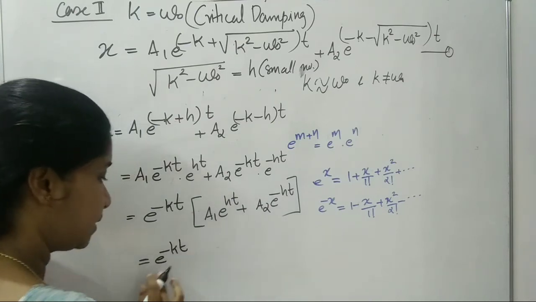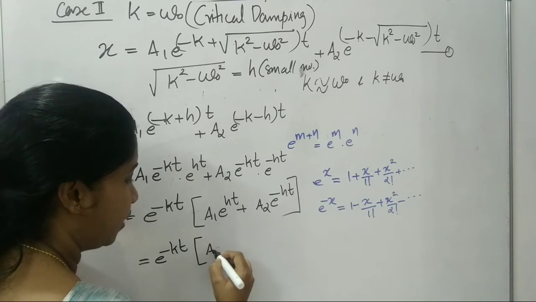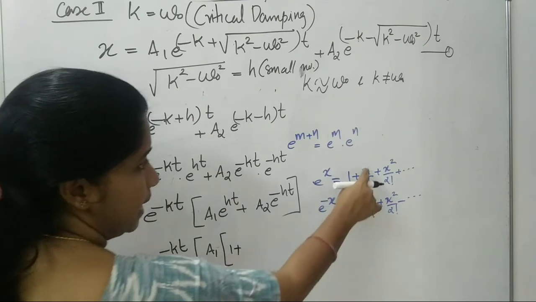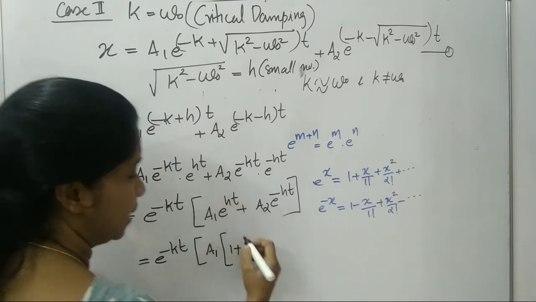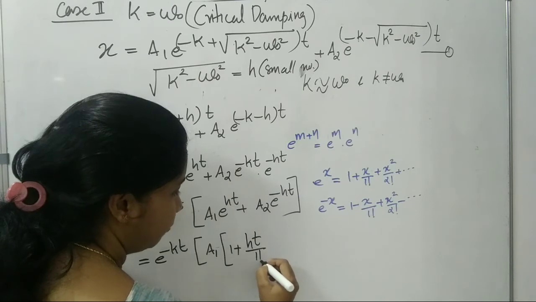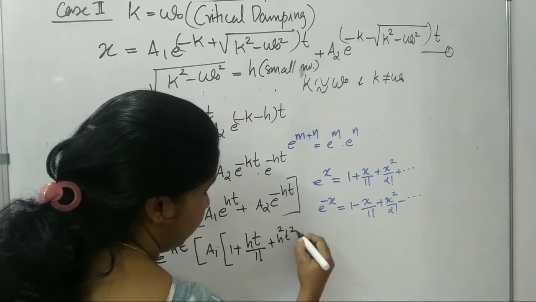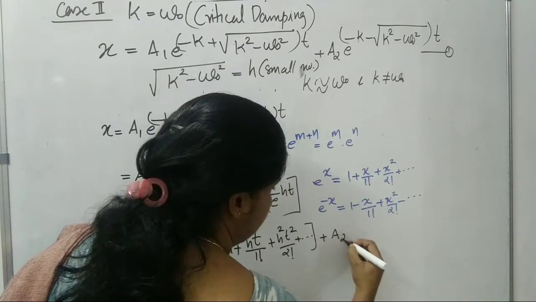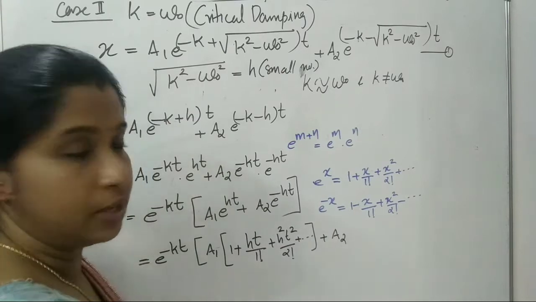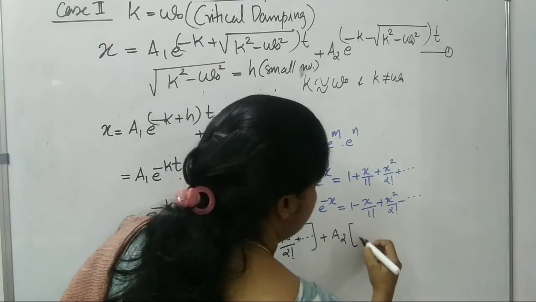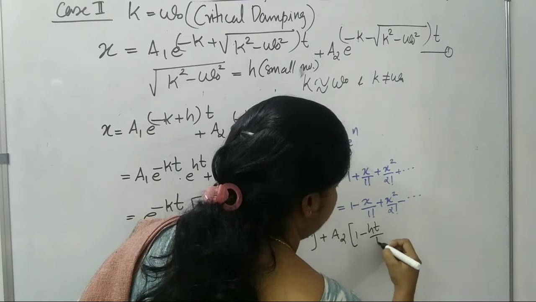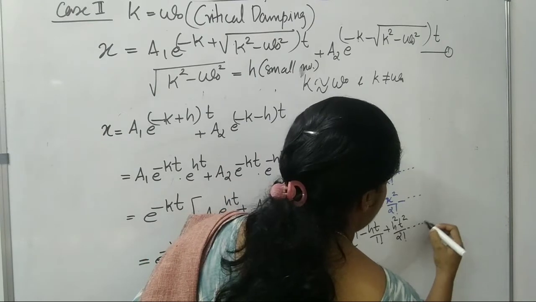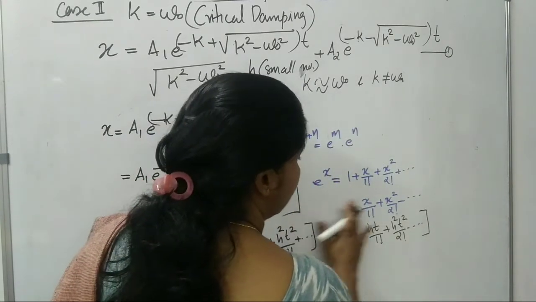Write e raised to minus kt itself into a1 into e raised to ht in this form. So 1 plus x by 1 factorial. Here x is ht. So ht by 1 factorial plus h square t square by 2 factorial plus etc., plus a2 into e raised to minus ht. What is e raised to minus ht? 1 minus ht by 1 factorial plus h square t square by 2 factorial minus etc. Okay.